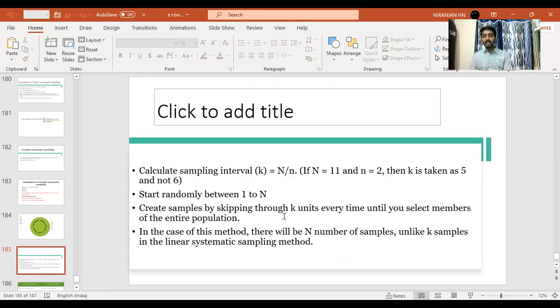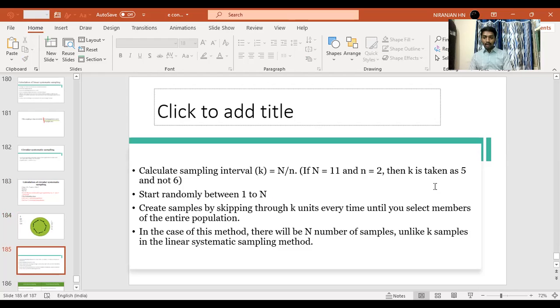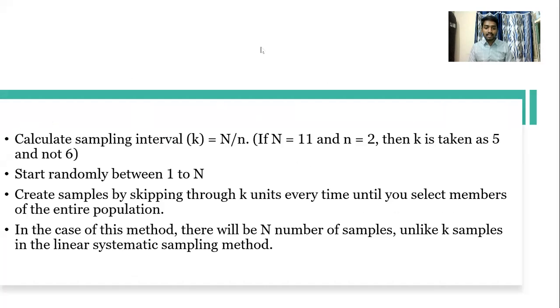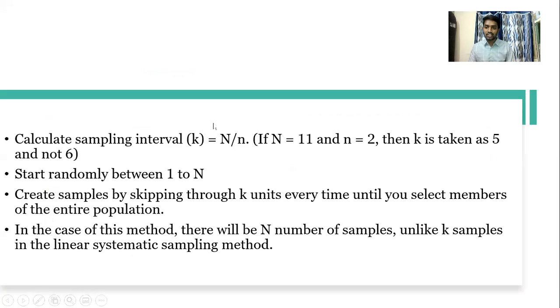Create samples by skipping through k units every time. Yeah, that's what I did here. See, I have started from A, I have skipped the k element. I've started from B, I've skipped the k element. I've started from C, I've skipped the k element. I've started from D, I've skipped this k element. So you have to skip every kth element while you are doing a representation like this.